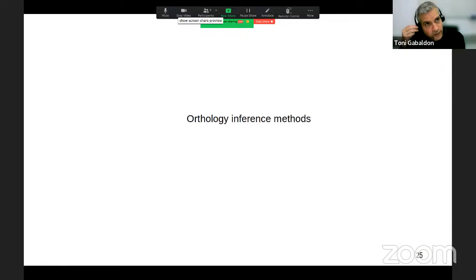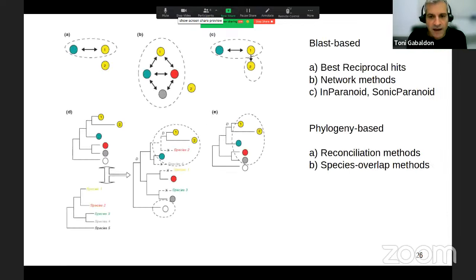So if you agree with me that it's important to predict orthologs rather than just stay at homology, then we will need to look into methods for predicting orthology. And I will not go in depth into the different methods, but basically, there are probably many of them, and probably you have your favorite one.